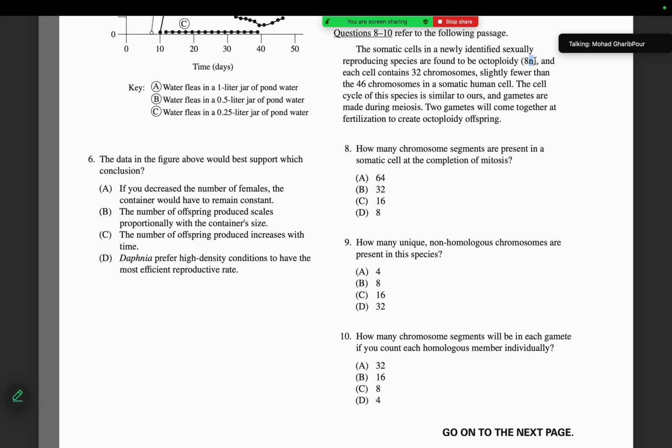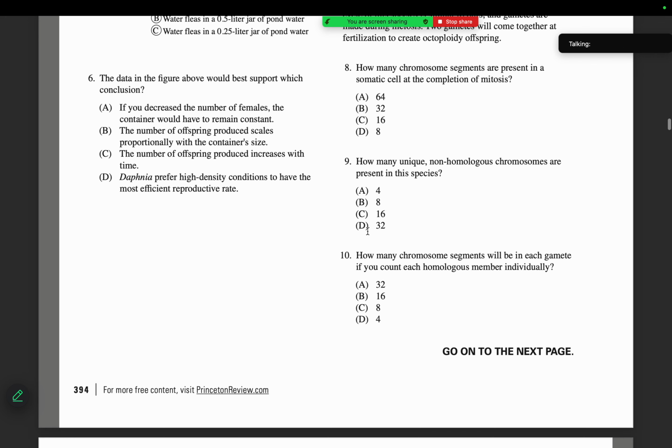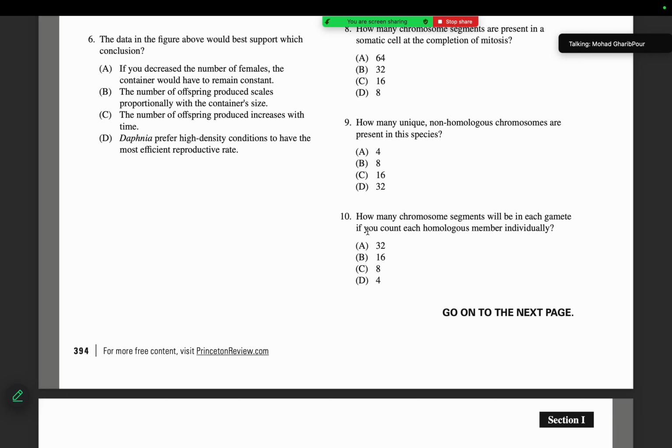And N represents your non-homologous chromosome number, which is 4.